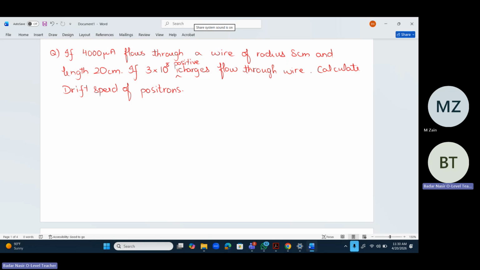So 4000 microampere को ampere में convert करना है. And radius is given. So first you have to find out the cross-sectional area.